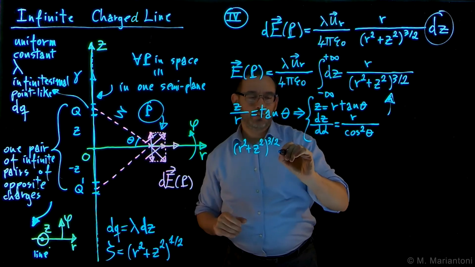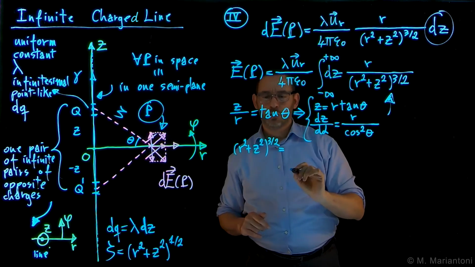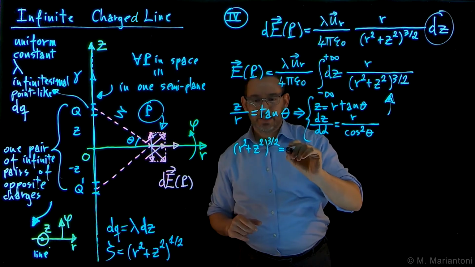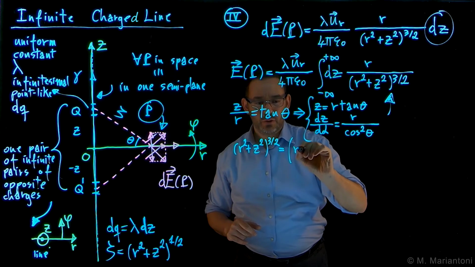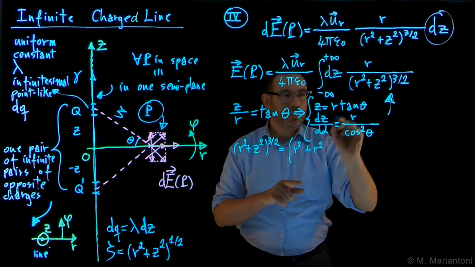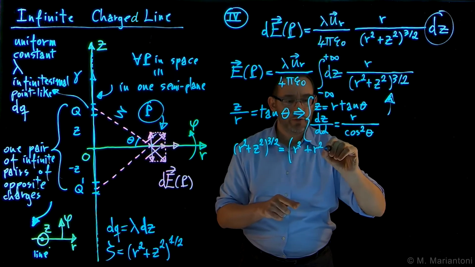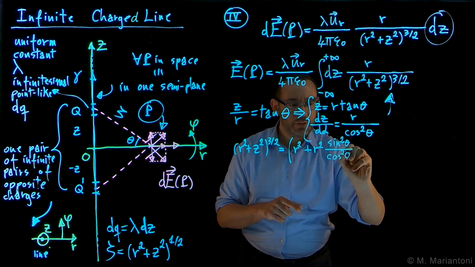So when we do that and we use this condition here, we are going to get r squared plus z squared, which is r squared, times the tangent of theta squared, which is nothing but the sine squared of theta divided by the cosine squared of theta.